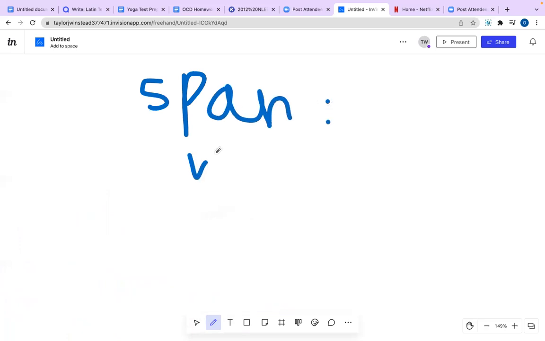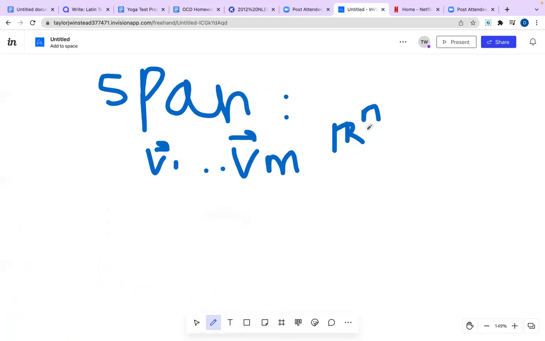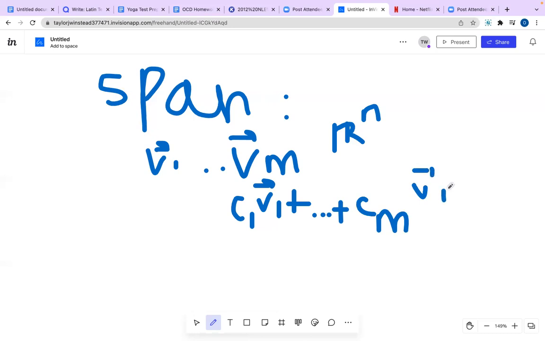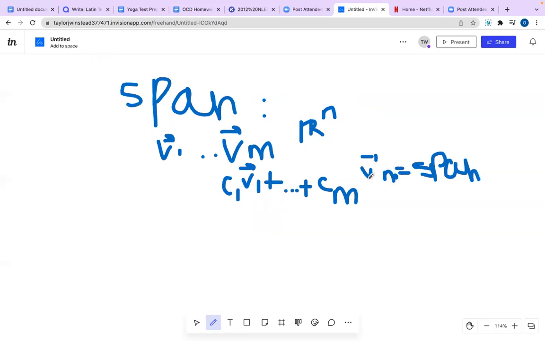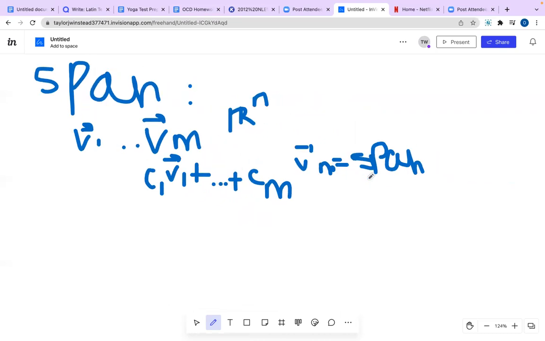If we consider the vectors v1 through vm in the subspace Rn, the set of all linear combinations C1, and C1 is just standing in for any scalar, C1 times V1 plus all the way out to Cm times Vm of these vectors equals their span. So span is really just a way of saying linear combination.